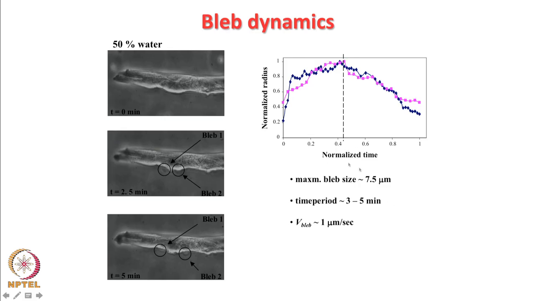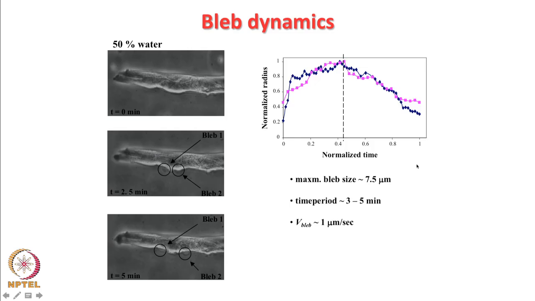The bleb size in this example is of the order of 7 to 10 microns, they exist over a time period of 3 to 5 minutes, and the bleb velocity is of the order of 1 micron per second. So there must be a way in which, in the 50% case, these blebs are getting formed, growing in size and then reducing in size again, suggesting that there is some self regulation.